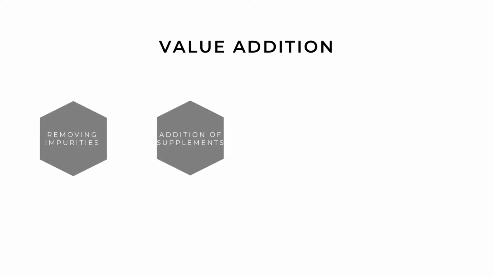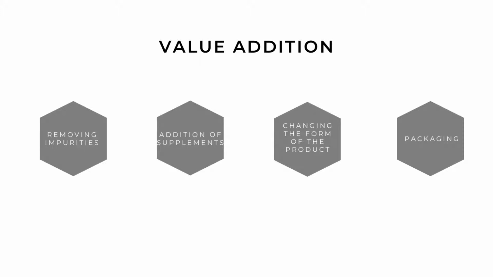Examples of value additions are removing impurities such as water vapor, carbon dioxide, and hydrogen sulfide in the biogas. Adding supplements, which is the case of the production of fortified compost through the addition of nitrogen, phosphorus, and/or potassium. Changing the form of the product like pelletizing and packaging.